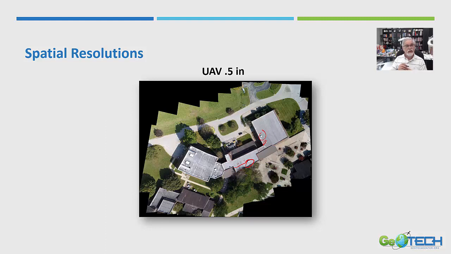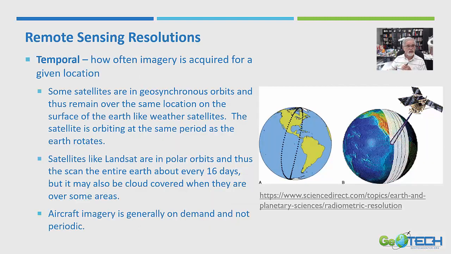So think of how many more pixels are in a half inch resolution versus what was in a 30 meter resolution. To have that same coverage of 1 pixel from a Landsat satellite, that same image size would represent lots of pixels when we're looking here at half inch resolution. So that's spatial resolution.